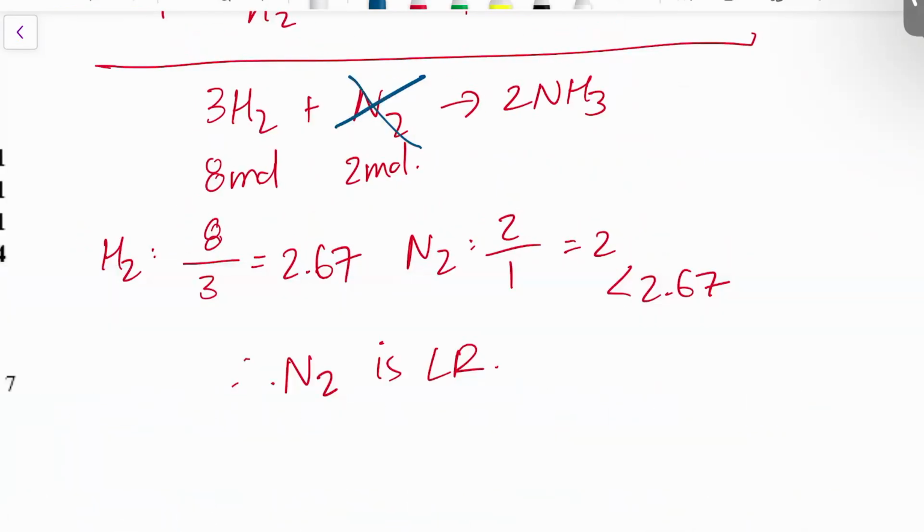Tell me what does exist then? What gets made during the reaction? What's on the right-hand side of your arrow? What gets made during the reaction? The ammonia, good. And then because H2 was in excess, it's left over.